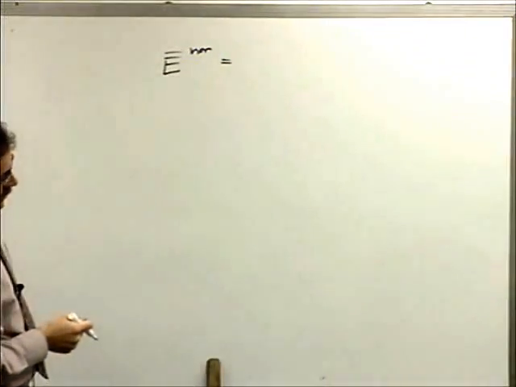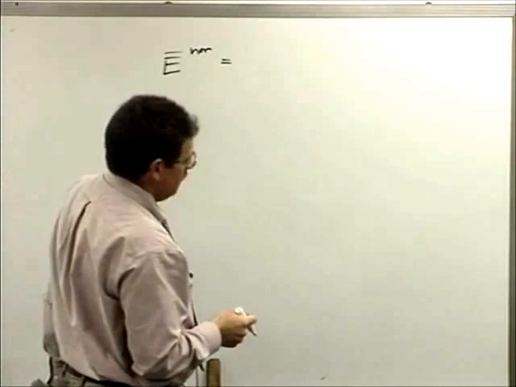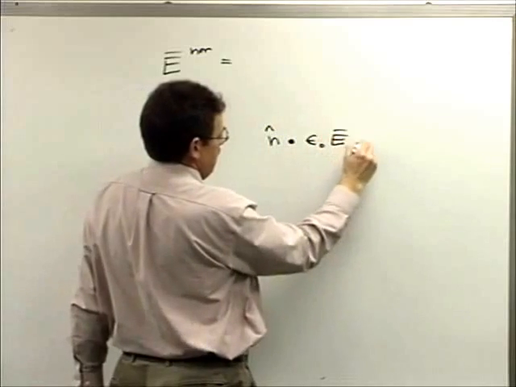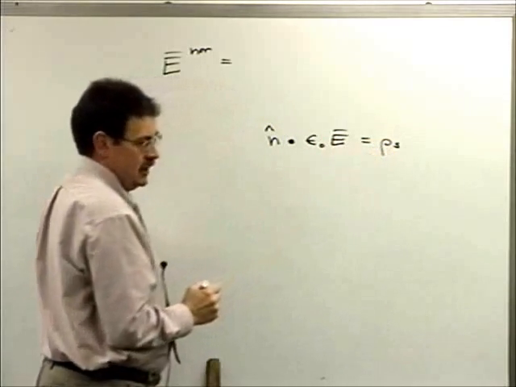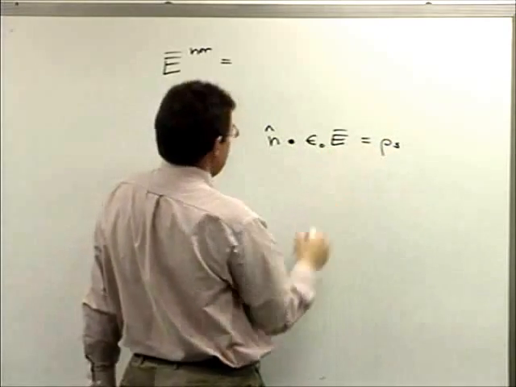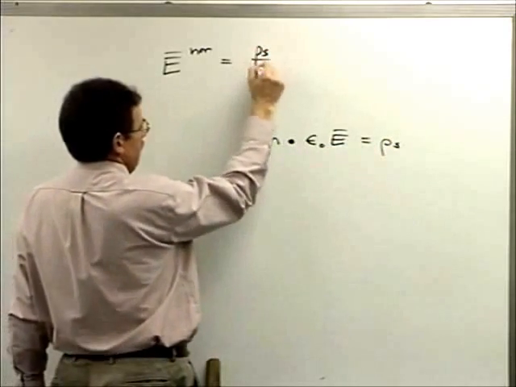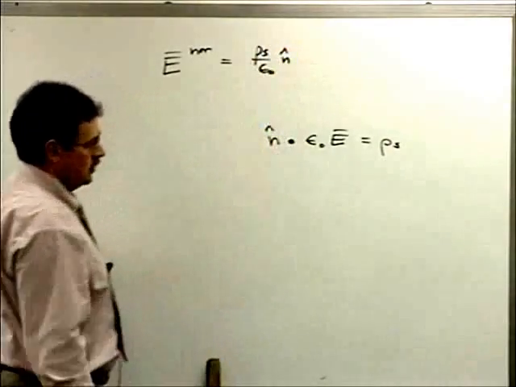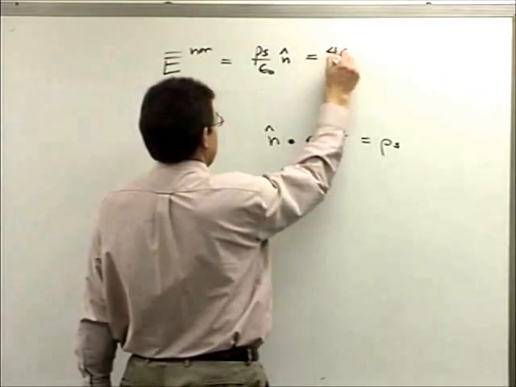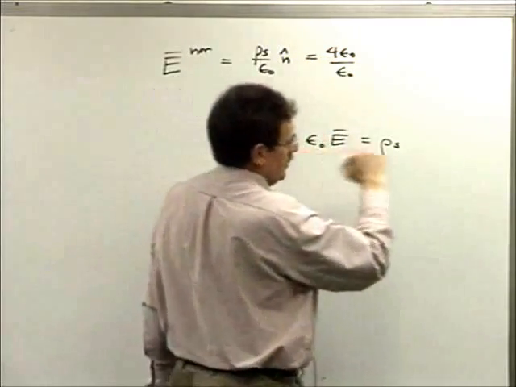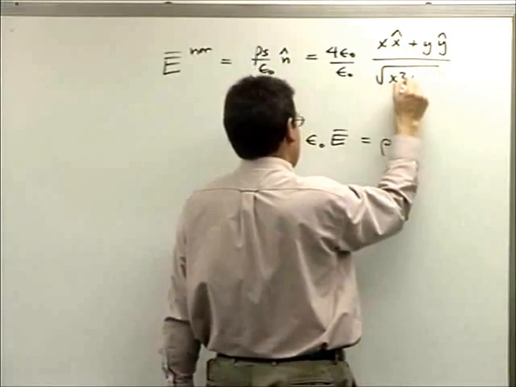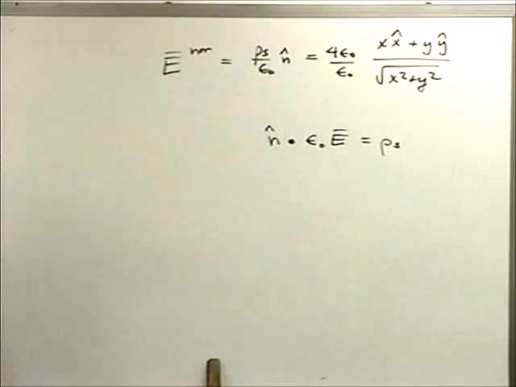That E in the normal direction is going to satisfy n dot epsilon 0 E equal rho sub s. So that tells us that the magnitude of E normal is rho sub s over epsilon, and it's pointing in the n direction. Okay, so in this case that's 4 epsilon 0 over epsilon 0 times x x hat plus y y hat over square root x squared plus y squared.